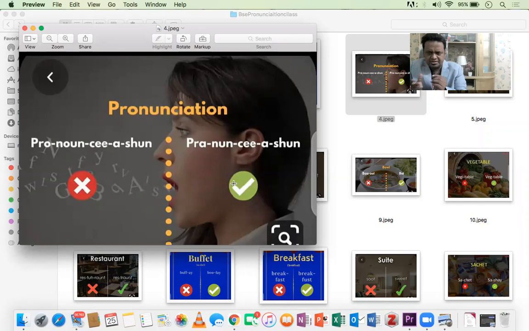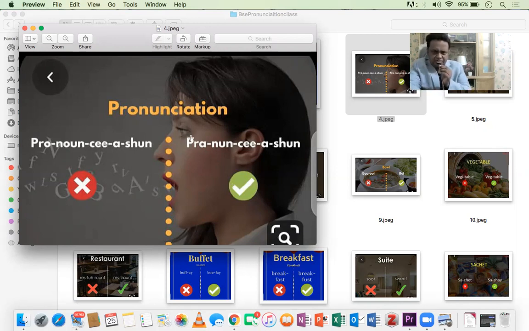These are just set rules we learn, we follow, and we teach. No one would know why PUT is different from BUT. English is a bit of a weird language. There are lots of things which will not make any sense, but these are just set rules.